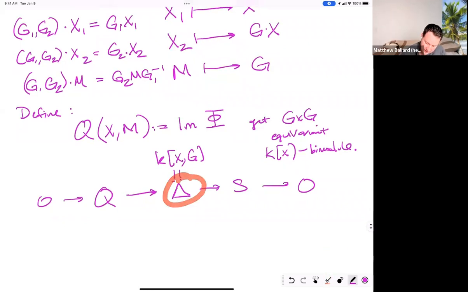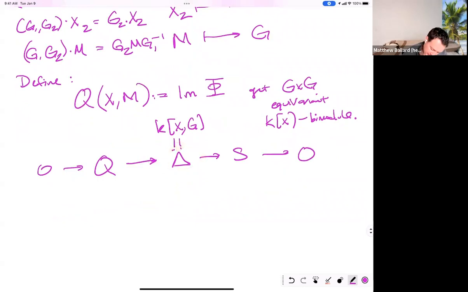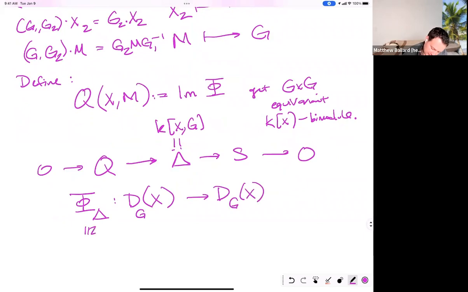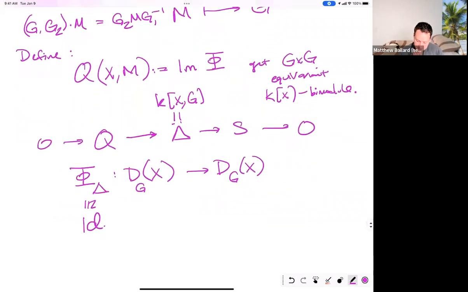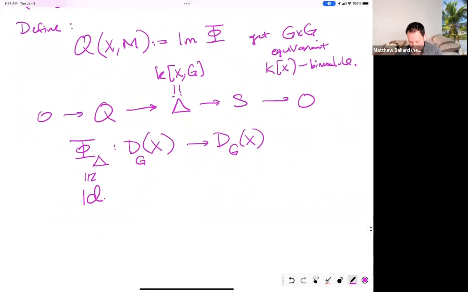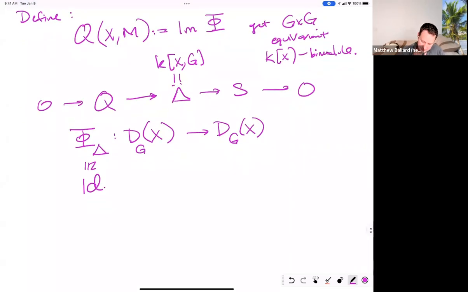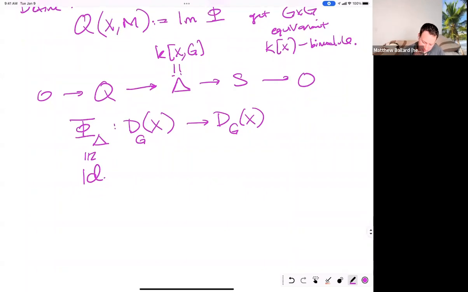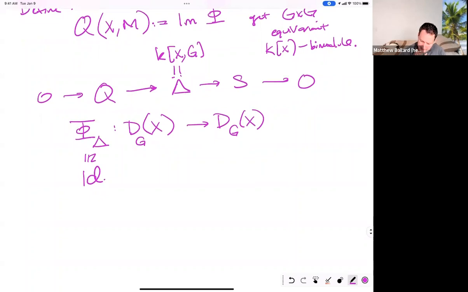If I think about phi delta from the derived category of G equivariant things on X to the derived category of G equivariant things on X, then this is isomorphic to the identity functor. It's some cover of the identity functor for the chart given by X, the smooth chart given by X and X mod G.